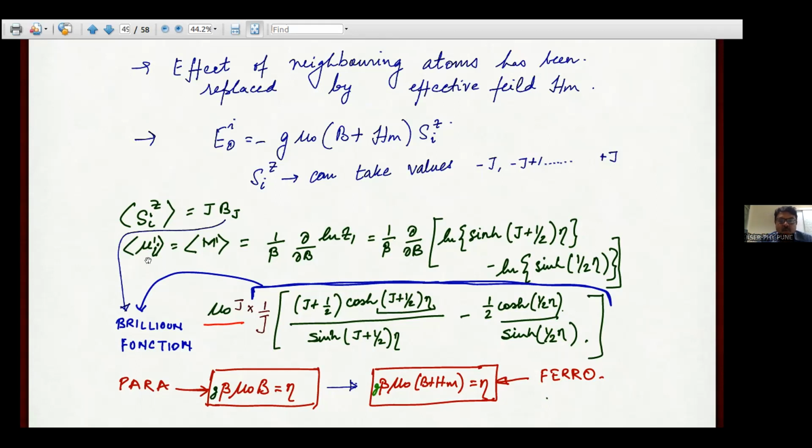And the magnetic moment can be mu 0 G, if you like. Whatever converts spin into magnetic moment has been absorbed within this mu 0.